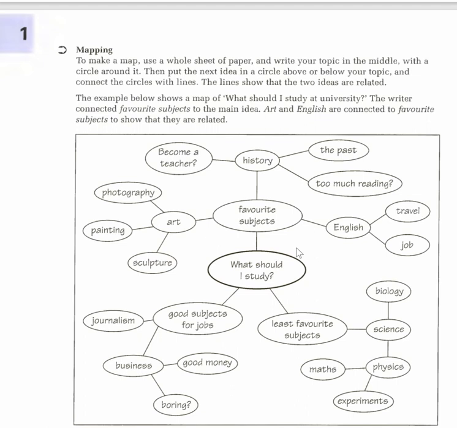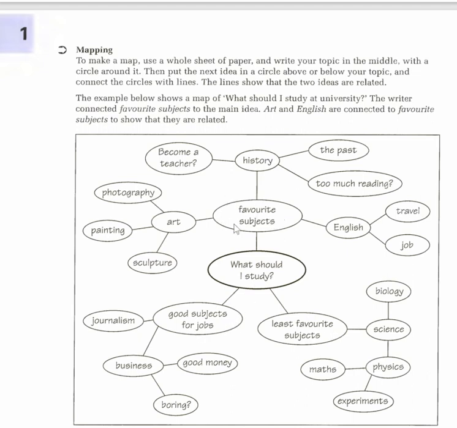The example below shows a map of what should I study at university. The topic is given at the beginning, what should I study, here in the middle. And then you can see that we have other subjects: favorite subjects, least favorite subjects, good subjects for a job.